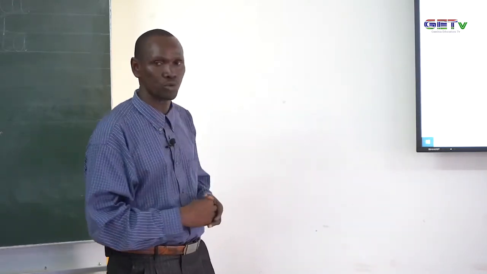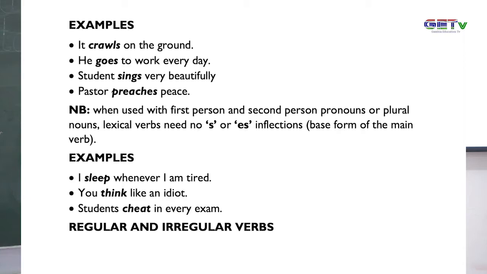Let's look at some examples under these lexical verbs. We have example 1. It crawls on the ground. The subject there is it, which is singular, and therefore the crawl must take an S inflection. That's why it says it crawls. You cannot say it crawl.